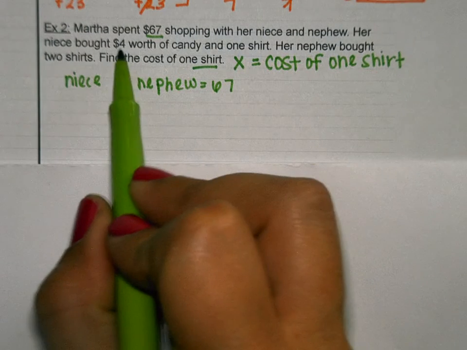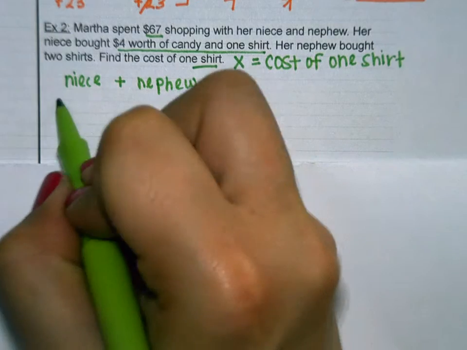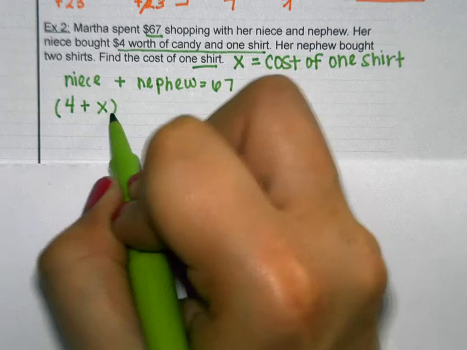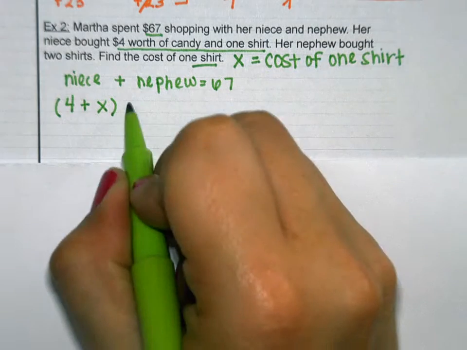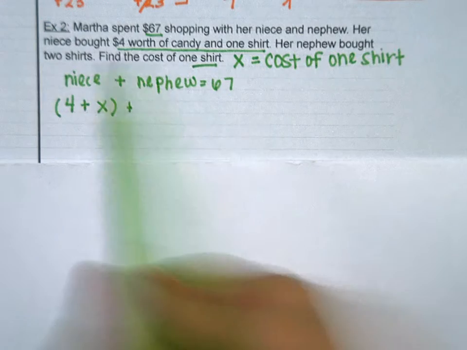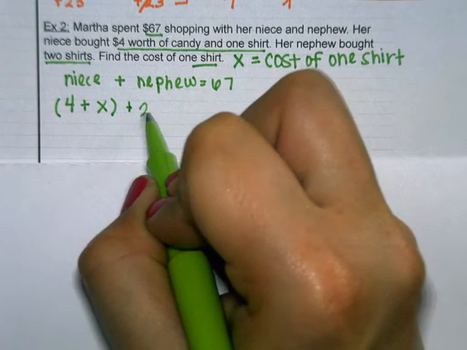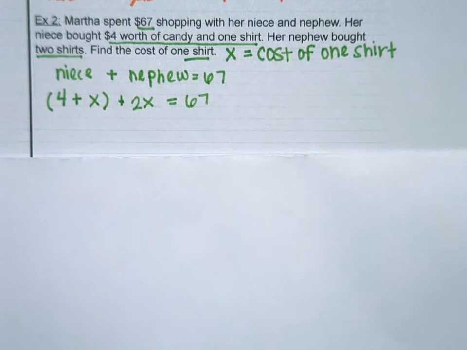So the niece bought $4 worth of candy and 1 shirt. So the niece is going to be 4 plus X, the cost of 1 shirt. Plus the nephew. The nephew only bought 2 shirts. So that's going to be 2X. And that should all come out to equal $67.